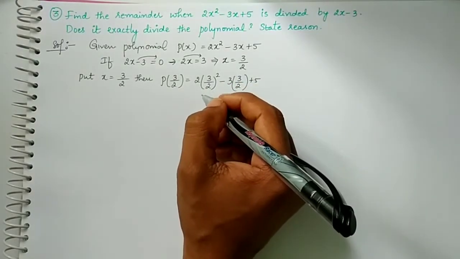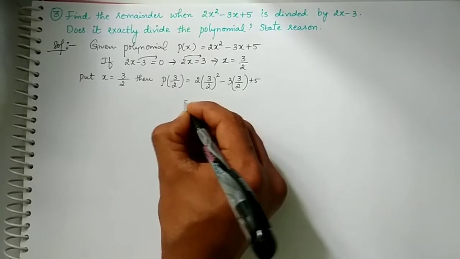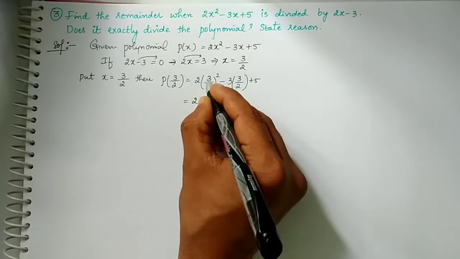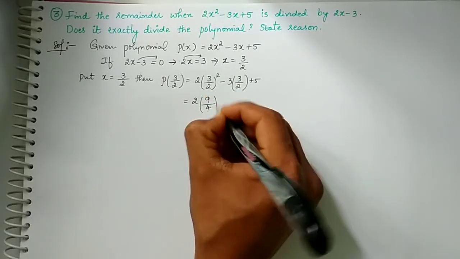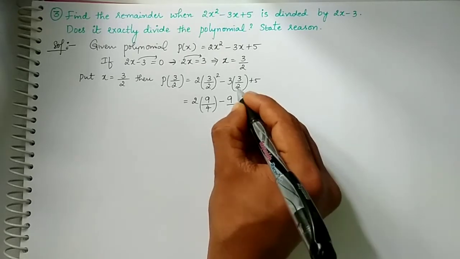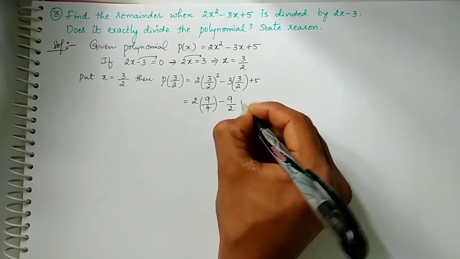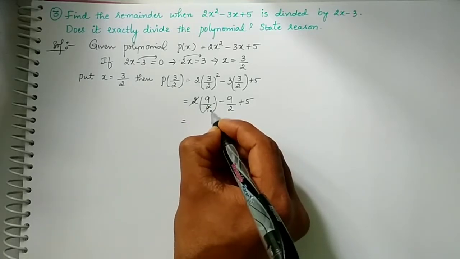Here we are substituting the value of x as 3 by 2. Then we get 2 into 3 squared, which is 9, divided by 2 squared, which is 4, minus 3 threes are 9 by 2, plus 5. Here 2 and 4 get cancelled, 2 ones are 2, 2 twos are 4.